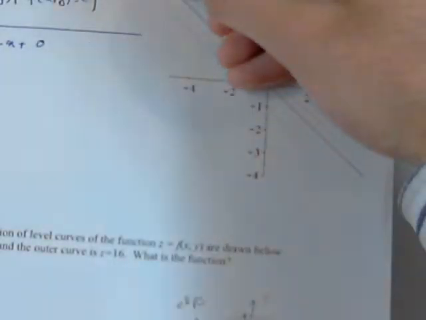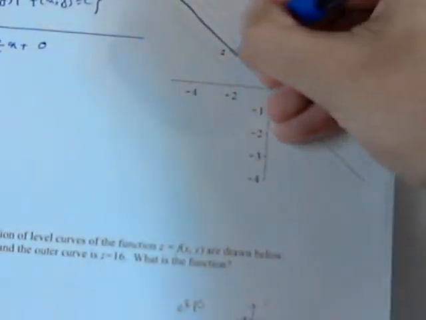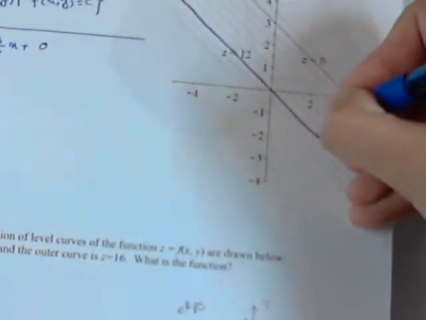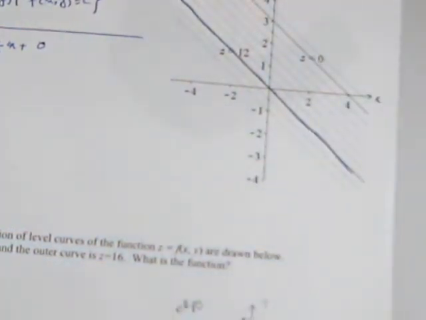So I'm talking about this line here. This is the level curve for z equal to 12. I just claimed that the equation of this is a line, and the equation of this line is y is equal to minus 3 divided by 4 times x plus 0. Hope you guys agree.